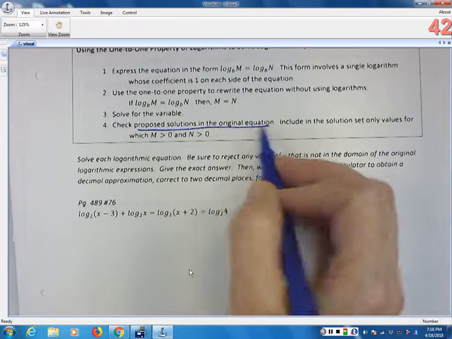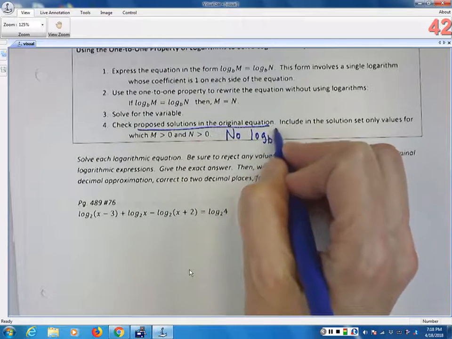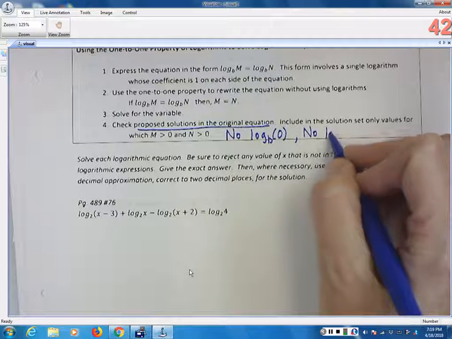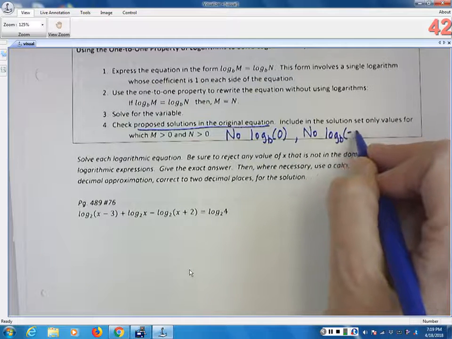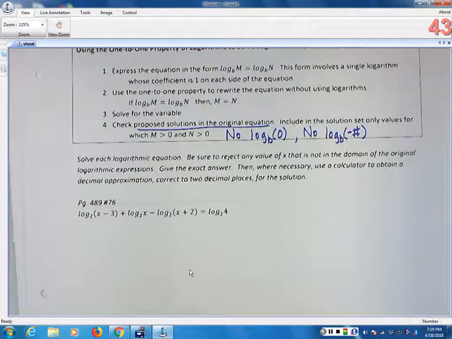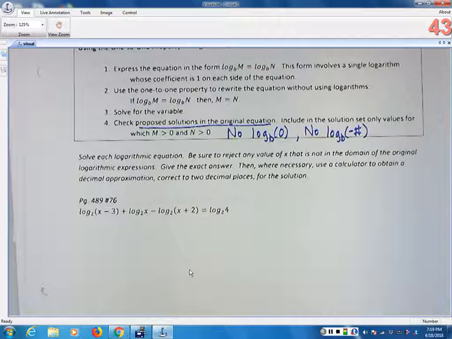Again, you make sure there's no logs of 0 and no logs of negative numbers. And my students all find this easier than checking that.